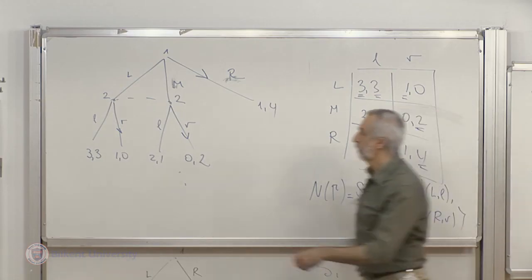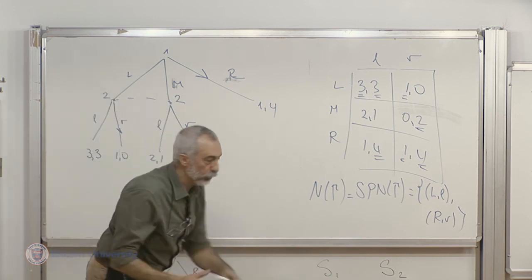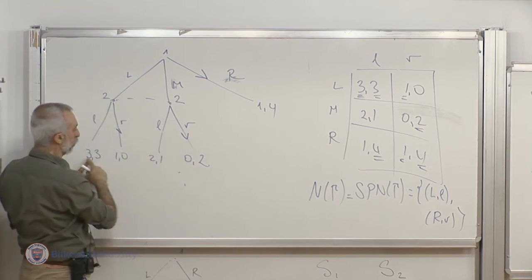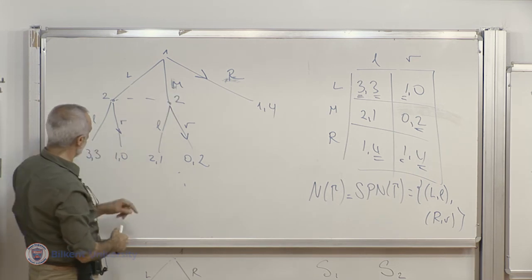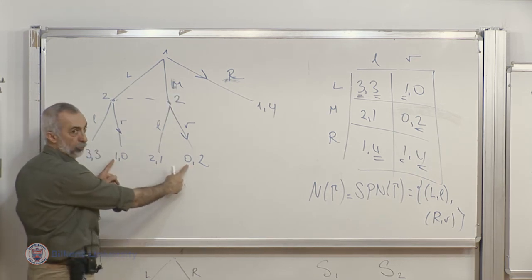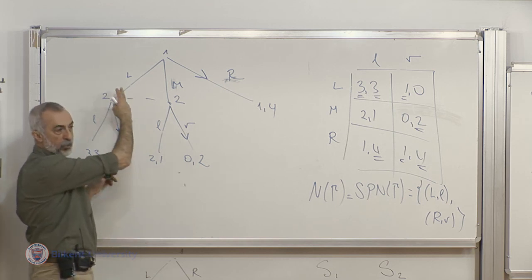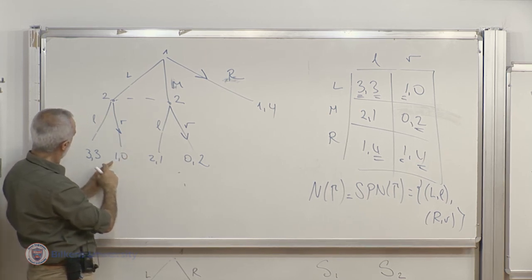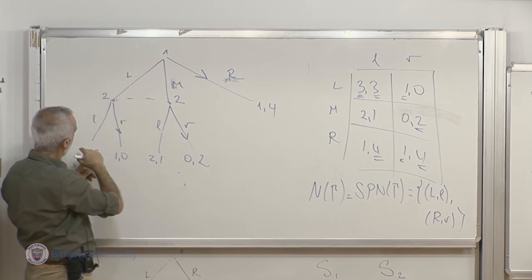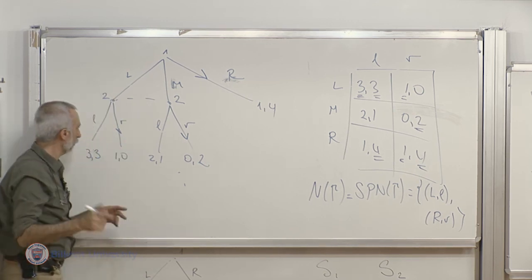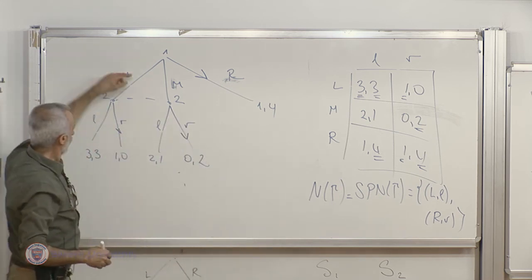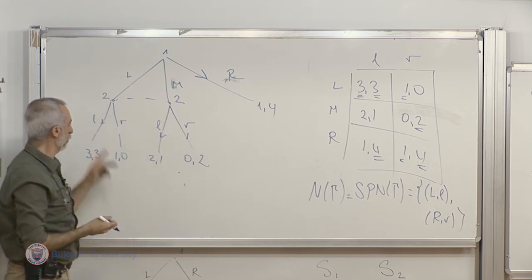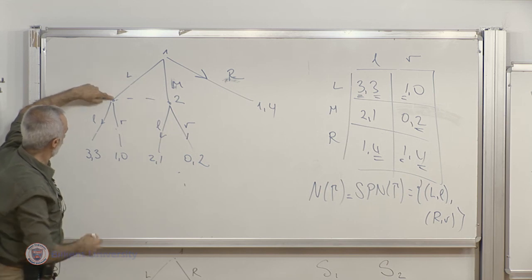So you see, if he thinks that I'm going to play small l at that information set, if he plays capital L, his payoff is going to be 3.